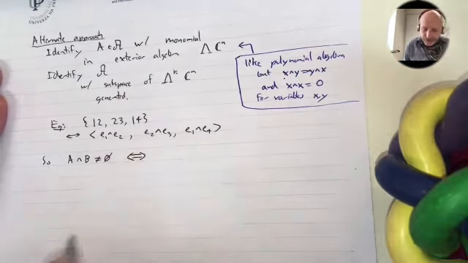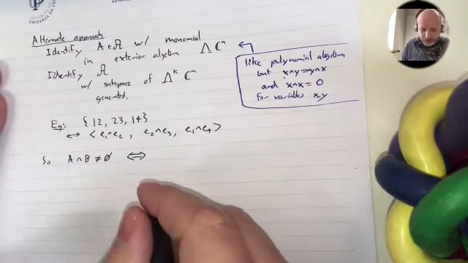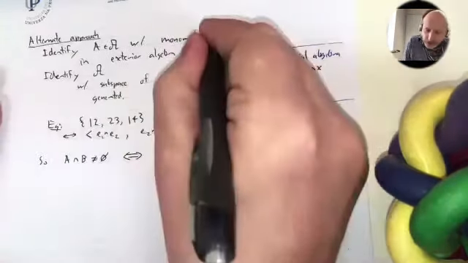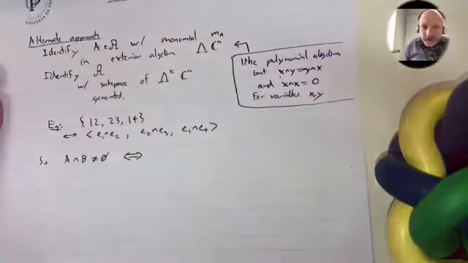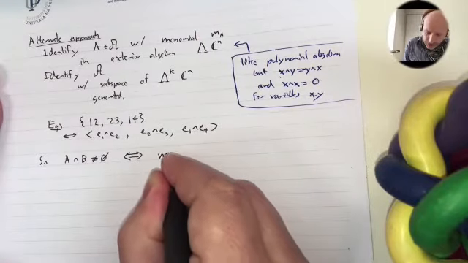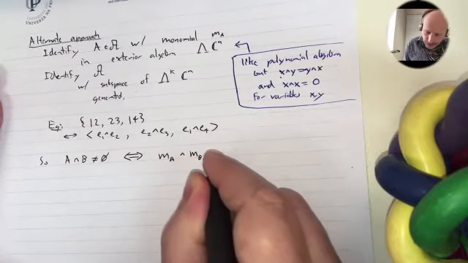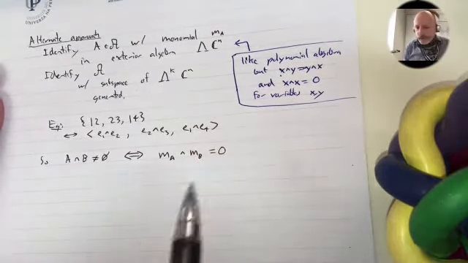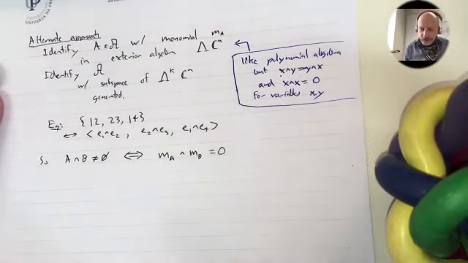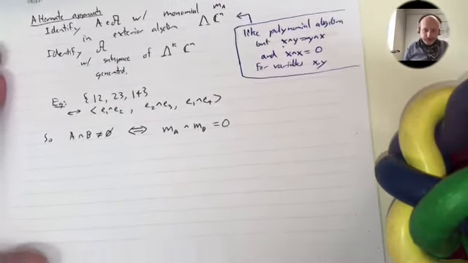It turns out if and only if one direction is immediate and the other direction follows from some kind of universal properties. Let's call this monomial MA up here. So now if and only if MA wedge product MB is 0. All right, because if you have something that occurs in both of them, then that already gives you 0, and 0 times anything is 0.